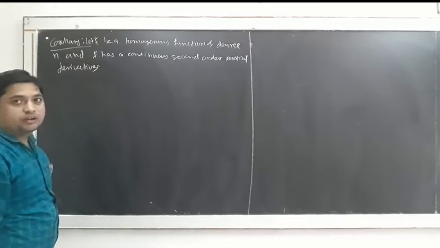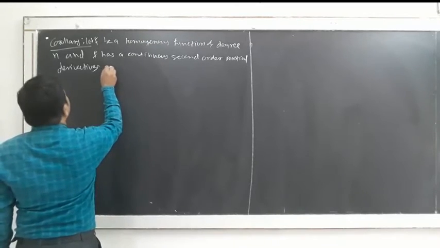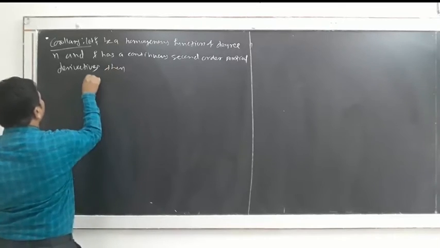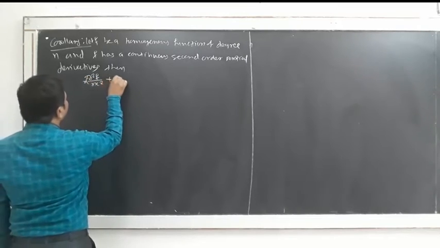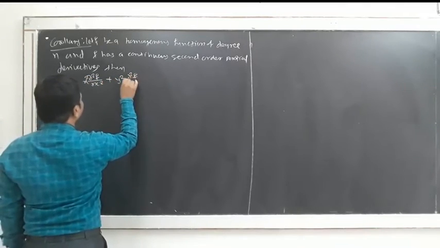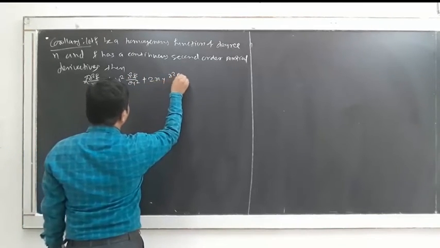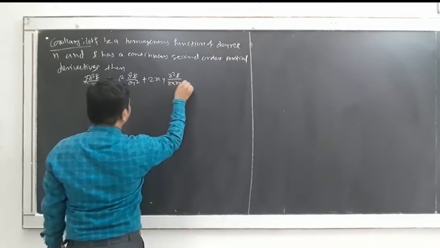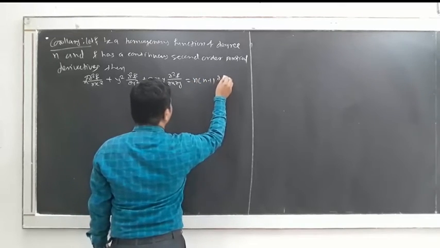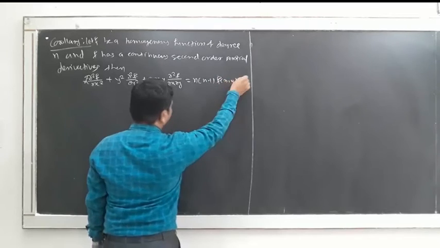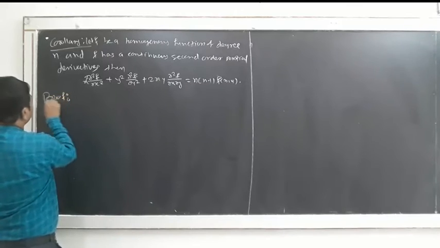Then we have to prove that x² ∂²f/∂x² plus y² ∂²f/∂y² plus 2xy ∂²f/∂x∂y is equal to n(n-1) f(x,y). Now we prove the corollary using Euler's theorem.